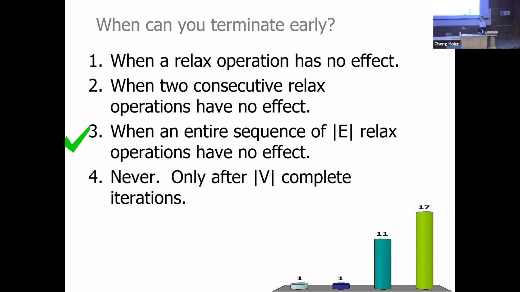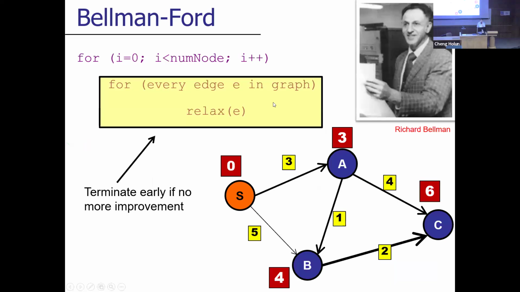That means your graph has already converged to a stable solution. So if your entire sequence of edge relaxations has no effect, then you can stop. This one, the yellow box. You can terminate the outer for loop early if there's no more improvement.